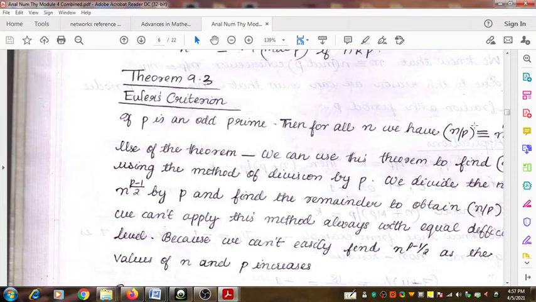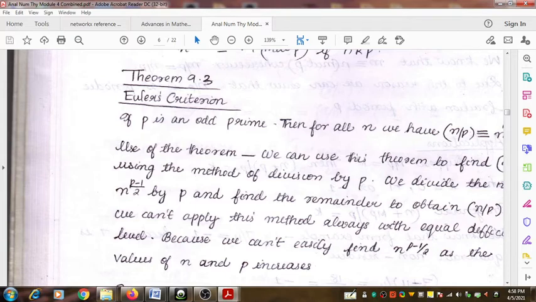The actual expression is missing here, as it goes outside the visible range. So actually the expression is n raised to (p minus 1) divided by 2.